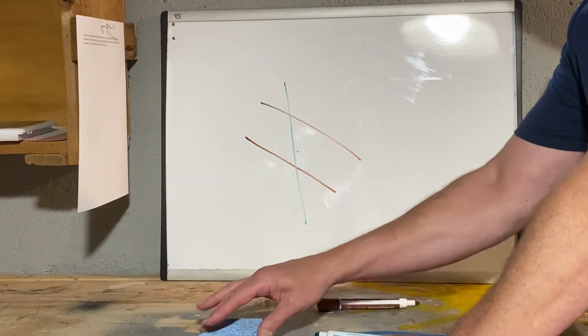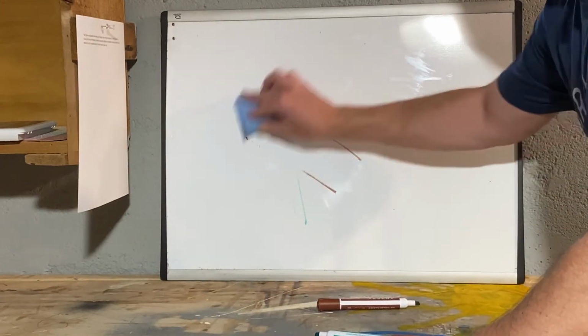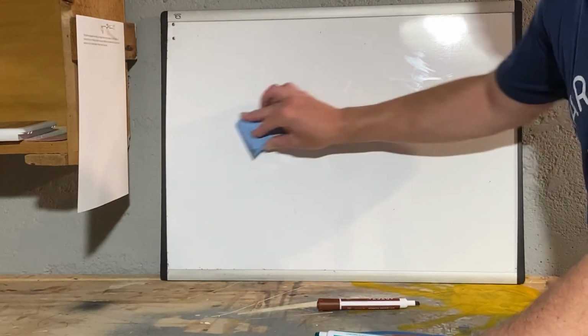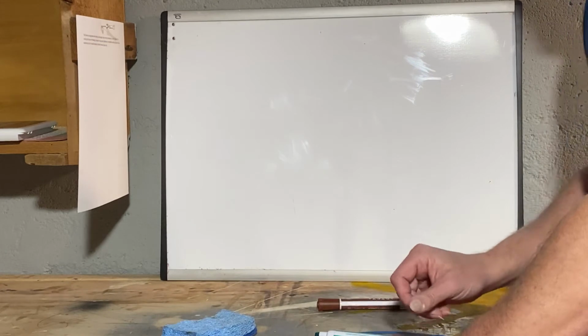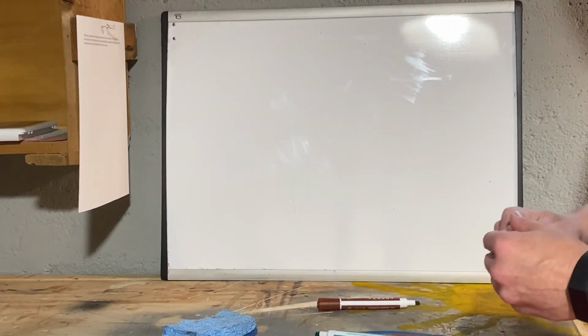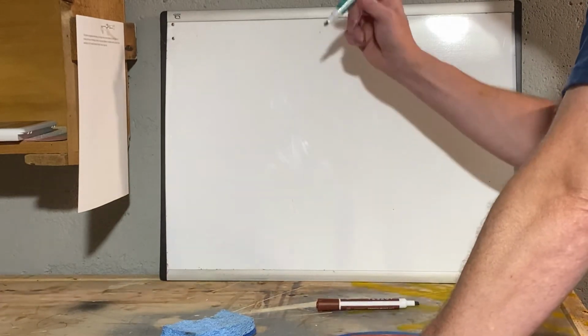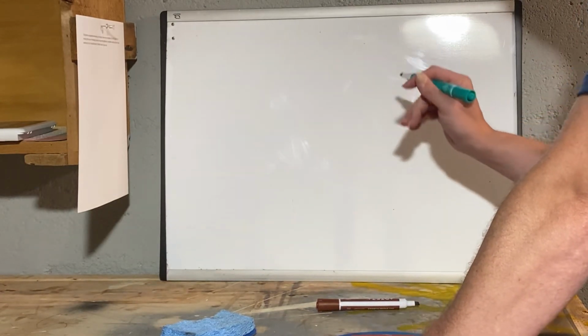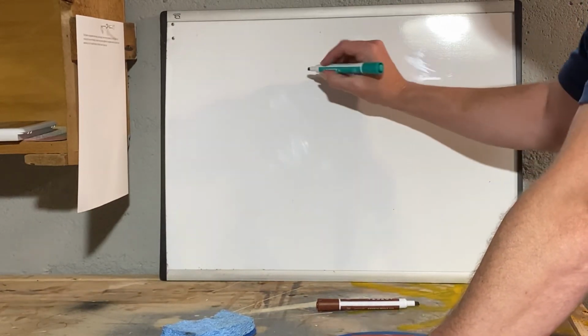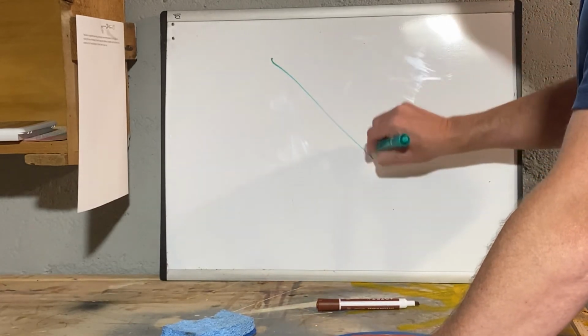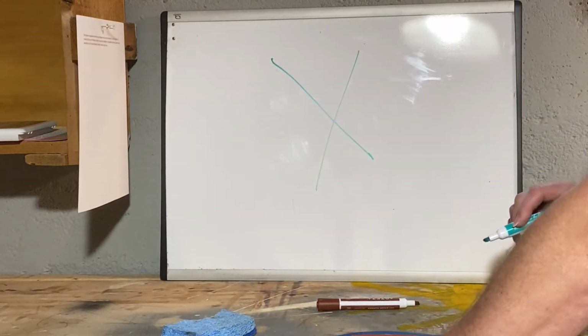Vertical angles is the next term that we're going to cover in this video, and then from there on, the rest of the vocab is going to be covered by the Desmos activity. So vertical angles are what you get when you draw two lines that intersect. Like that.